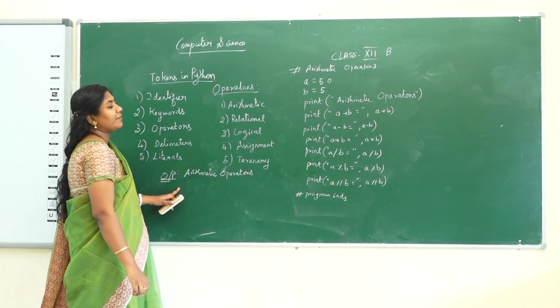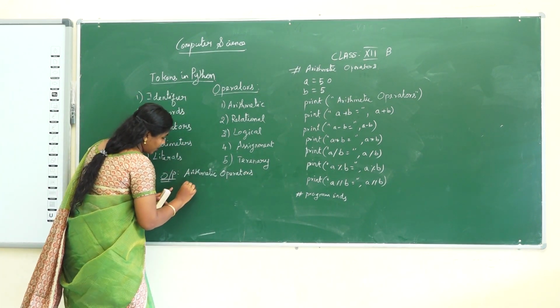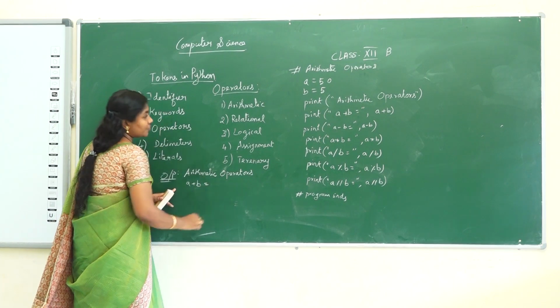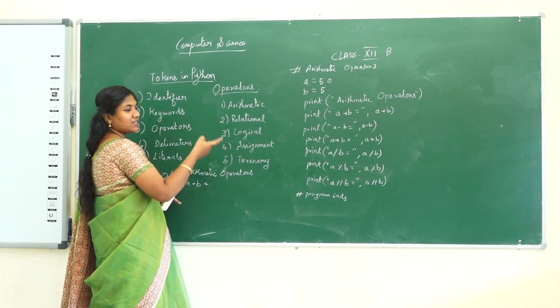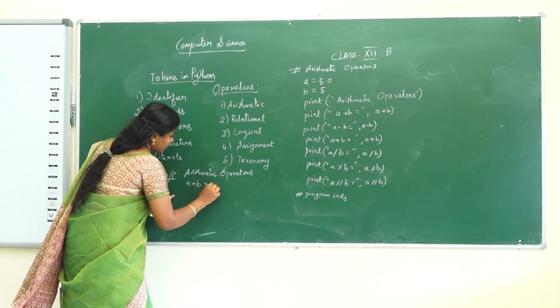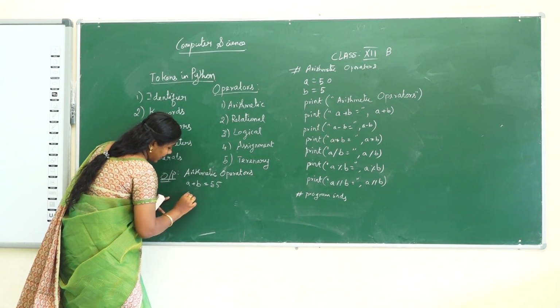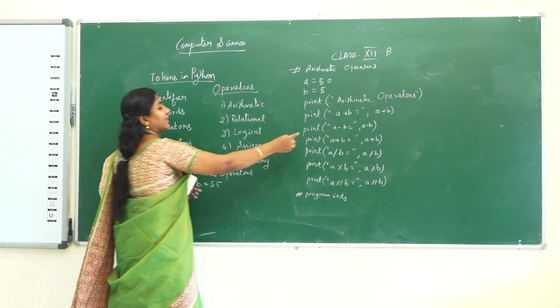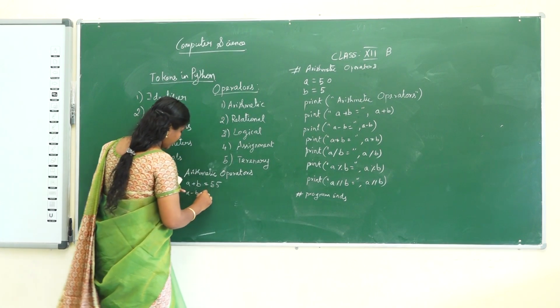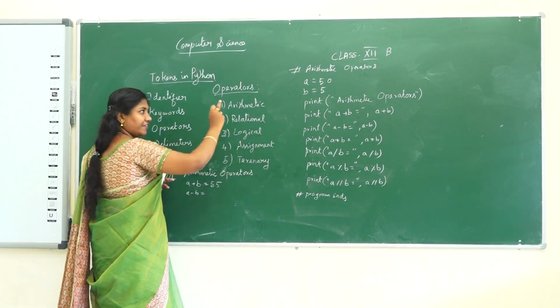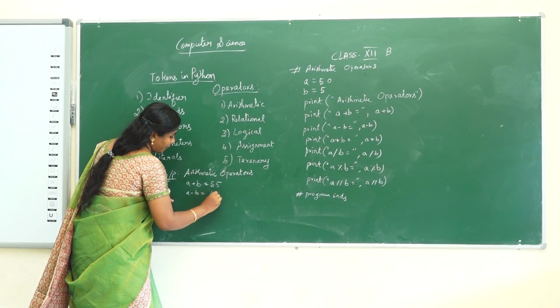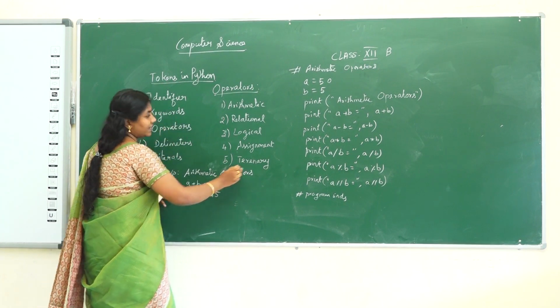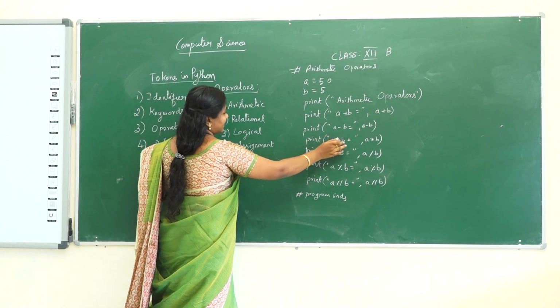And the second one I am asking to print A plus B is equal to. What is the value of A and what is the value of B? 50 plus 5, so the answer will be 55. And next line I am asked to print A minus B is equal to. 50 minus 5 will be 45.